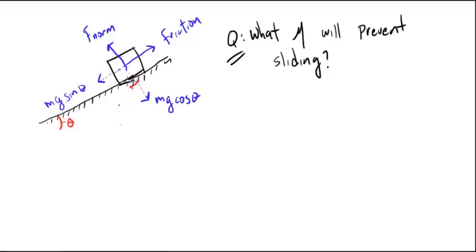So we've got this block now, and what I sometimes think is helpful is to take my x and y axes and turn them, which is a legal move. I can take my coordinate plane, and now I'm going to think of parallel to the surface as x, and perpendicular as y.